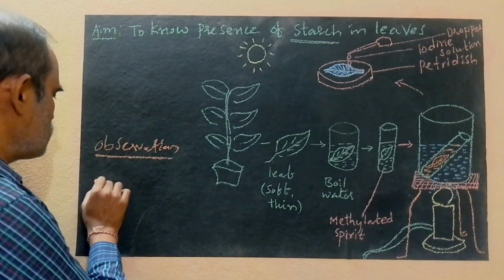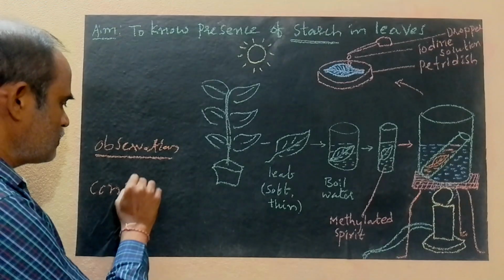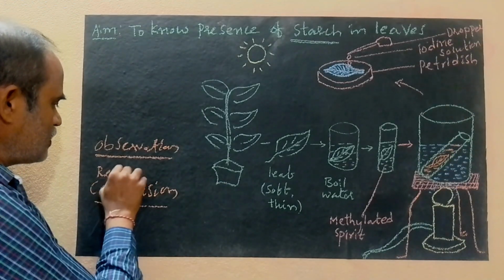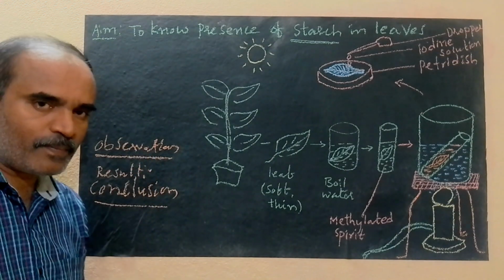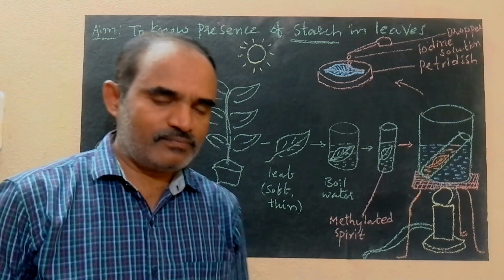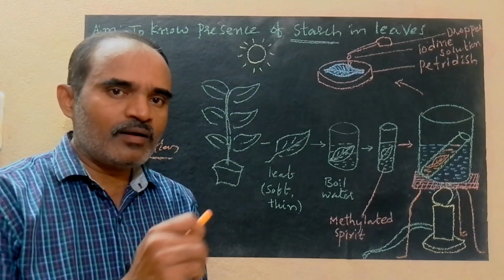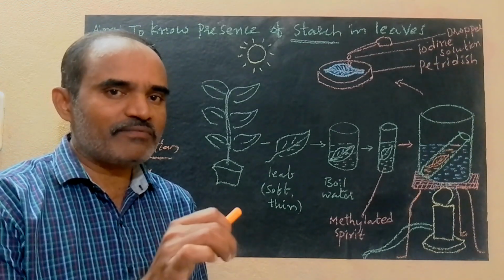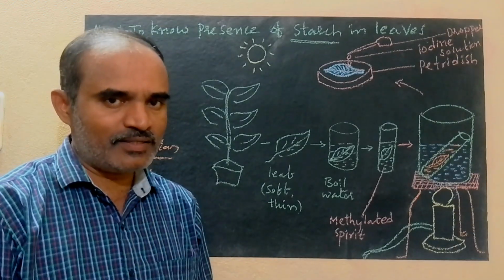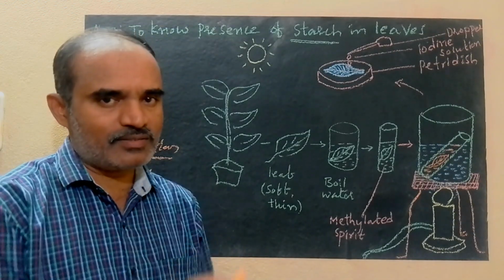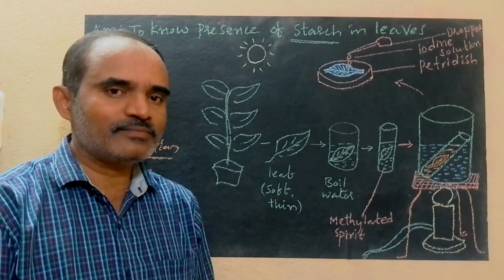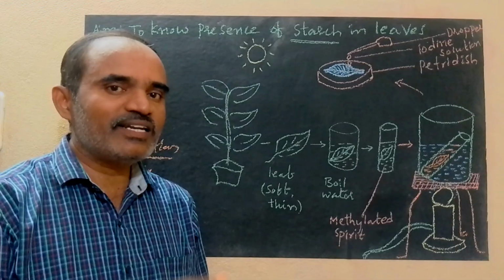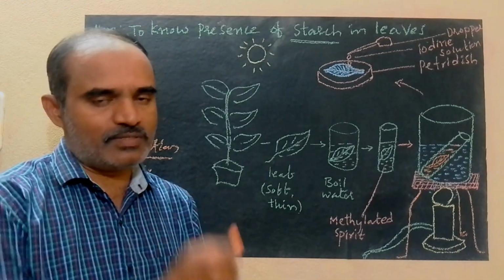Okay, next, the conclusion or result. The development of blue-black color over the surface of the leaf indicates the presence of starch in leaves.